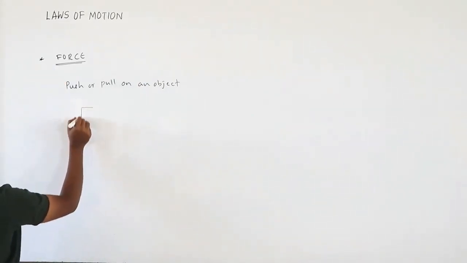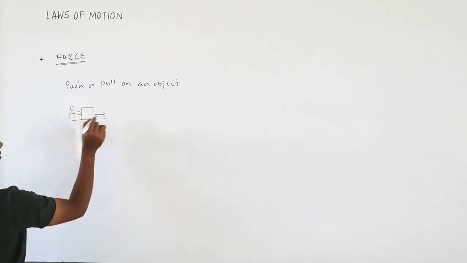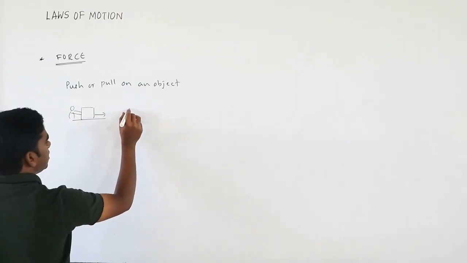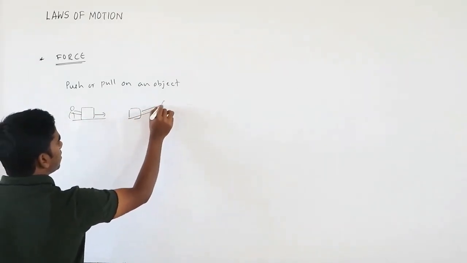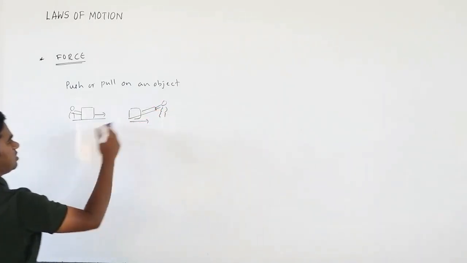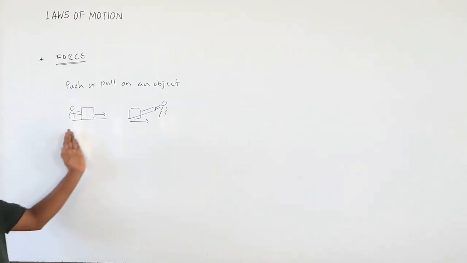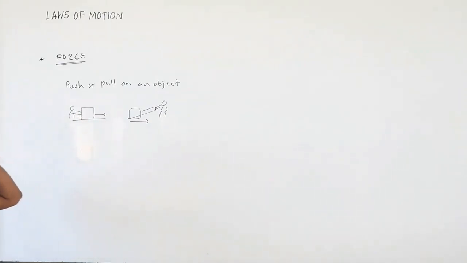Suppose there is an object. If you push it, it will move. Or if you pull it, it will change its position, or it is changing its state. So that is what we can simply say: push or pull.